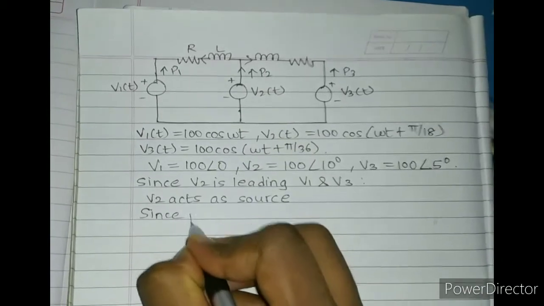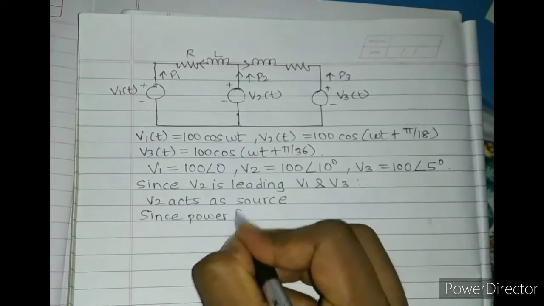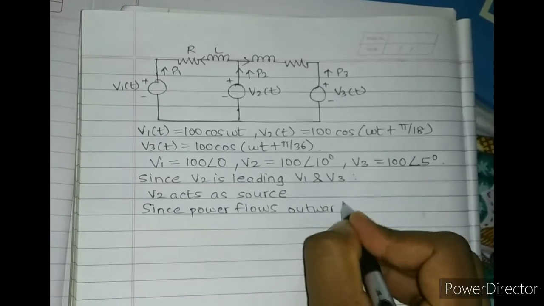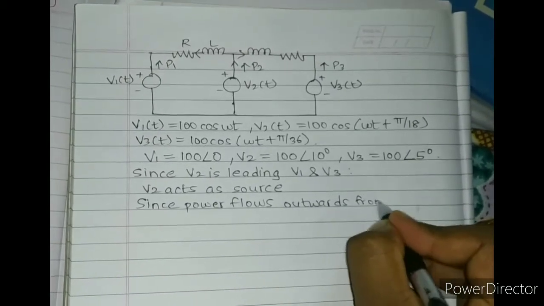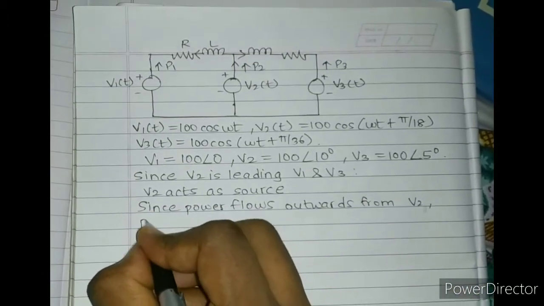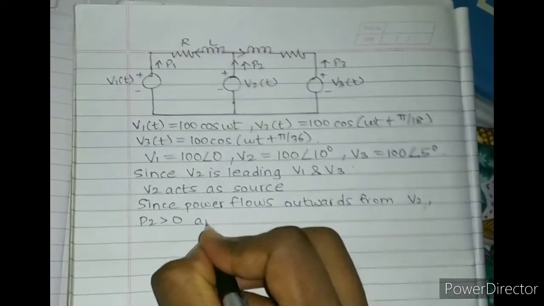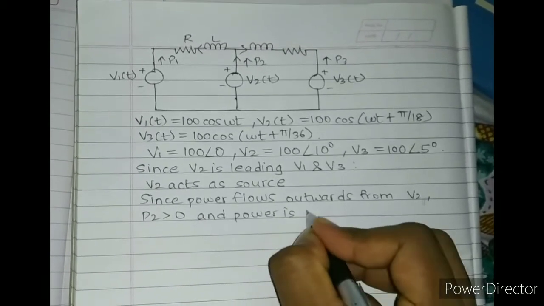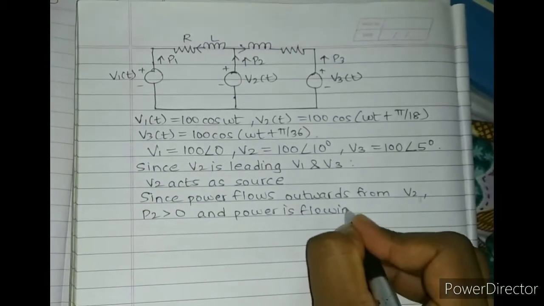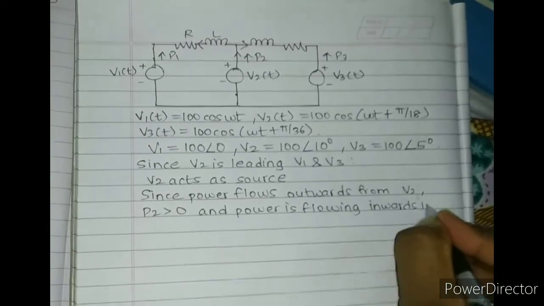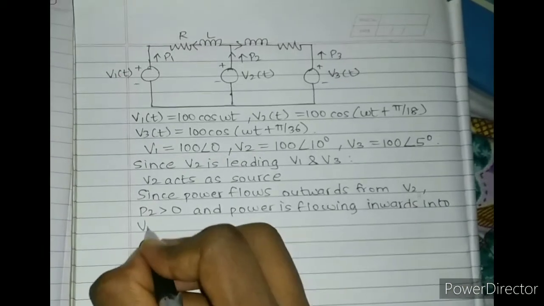Since power flows outwards from V2, P2 is greater than 0 and power flows inward into V1 and V3.